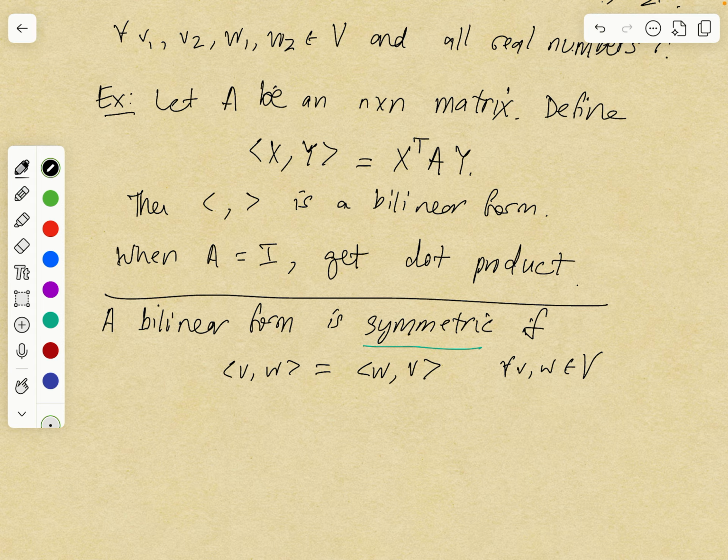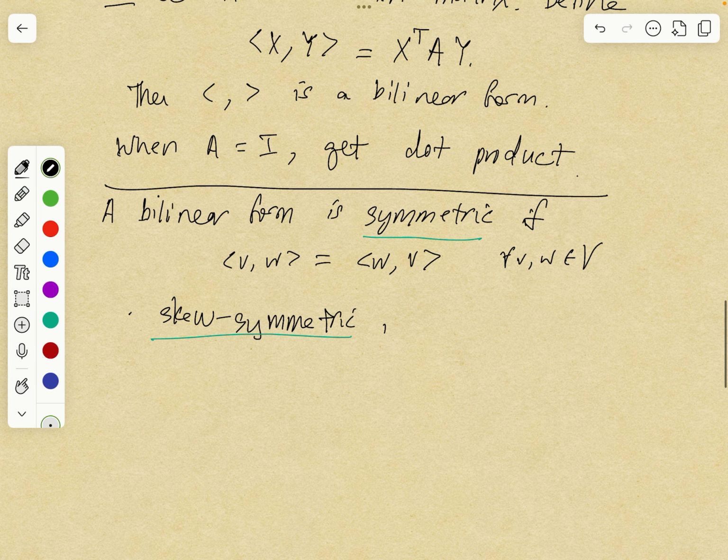And then there's another definition, skew symmetric, if for all v and w in V, it's pretty much the same except with a minus sign.